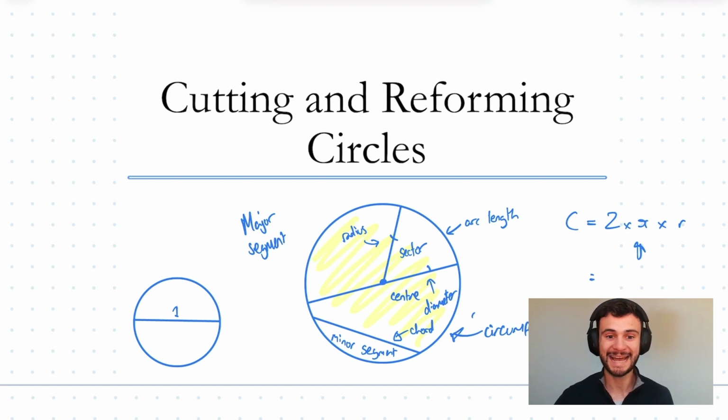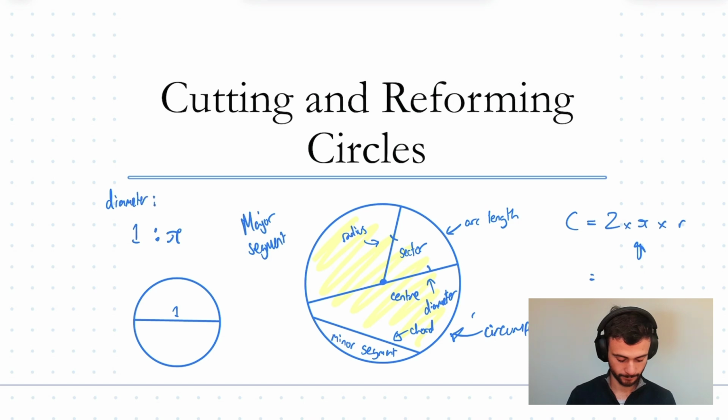It is defined as the number which is the ratio of a circle's circumference to a circle's diameter. So the diameter to the circumference will always be in a ratio of 1 to pi. And that is how pi is defined.